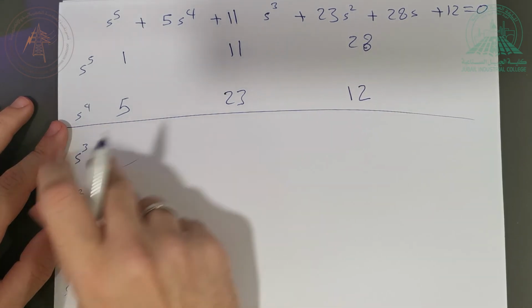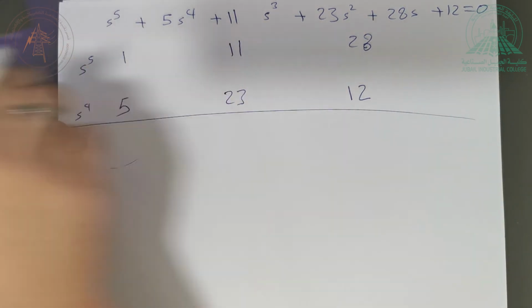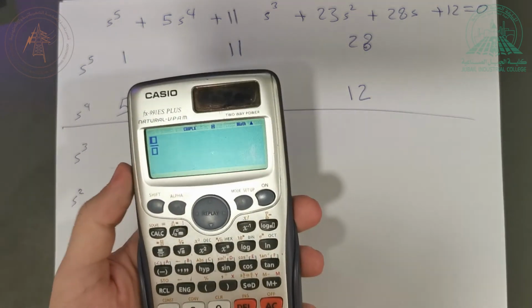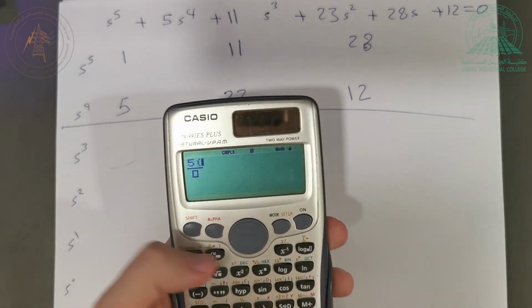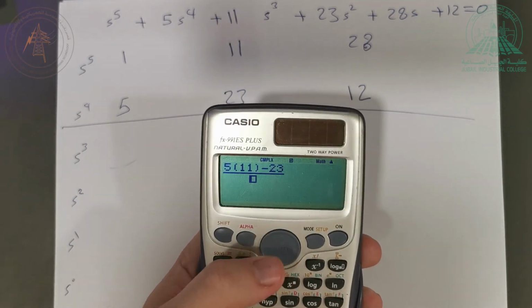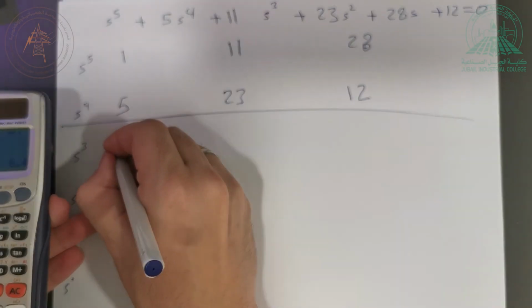What is the element here? It's 6.4. You can do it with a calculator: 5 multiplied by 11 minus 23 multiplied by 1, divided by 5. You get 6.4.